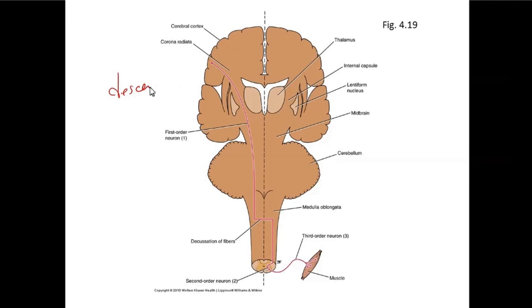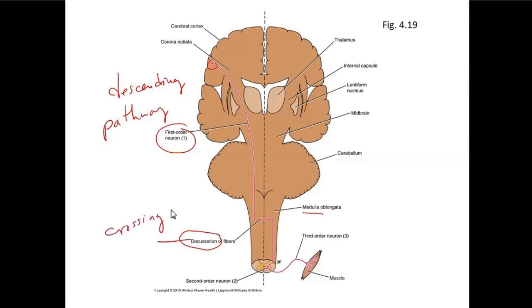Here, this is a descending pathway that involves 3 neurons. So you're going from the first order neuron from the cortex, right here, traveling down. Notice how in the area of the medulla, you now have a decussation.